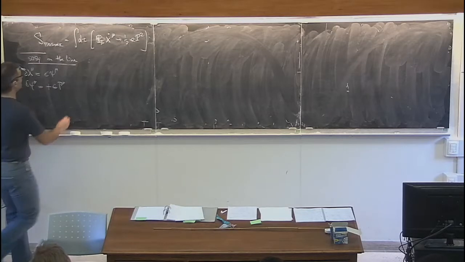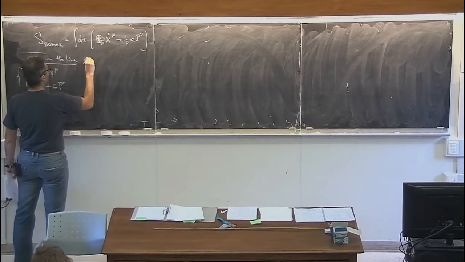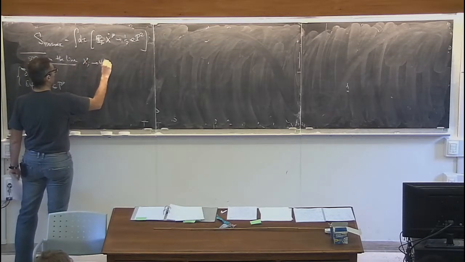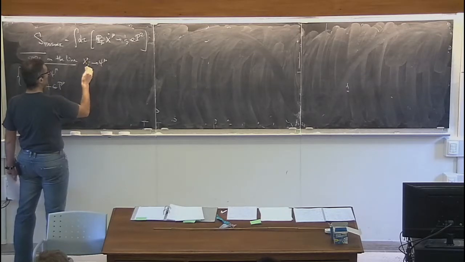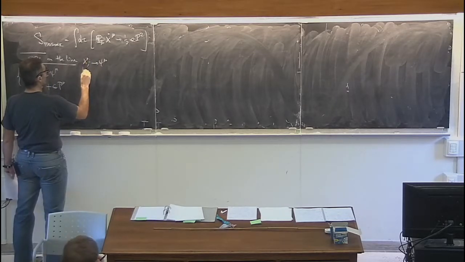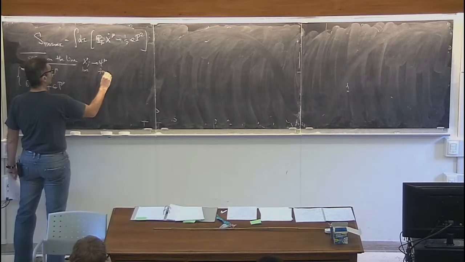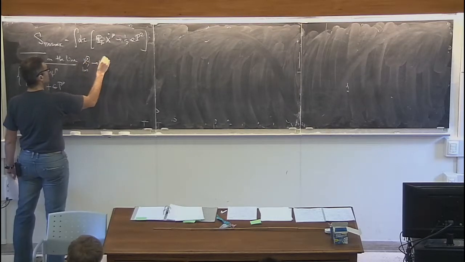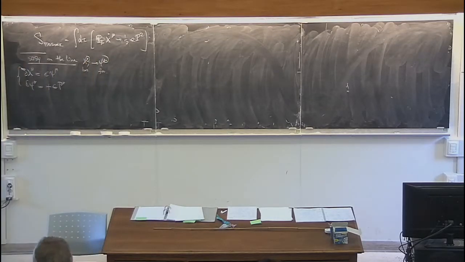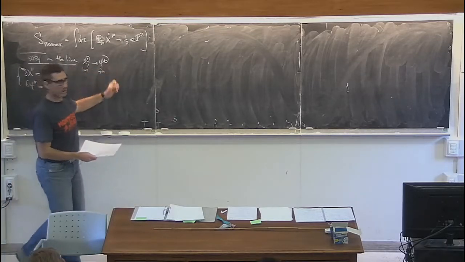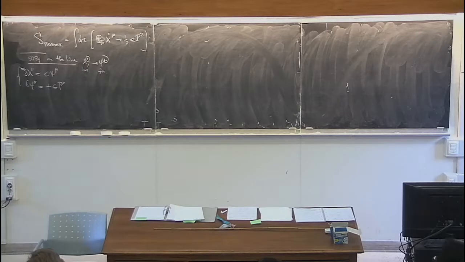So we add to the action the new field psi^μ. You see, this field has the following properties: X is a bosonic field, psi is a fermionic field, but the index here is a vector index, so it's the same type of index. So it's the vector representation of the Lorentz group. Good. Now I want to do something different.